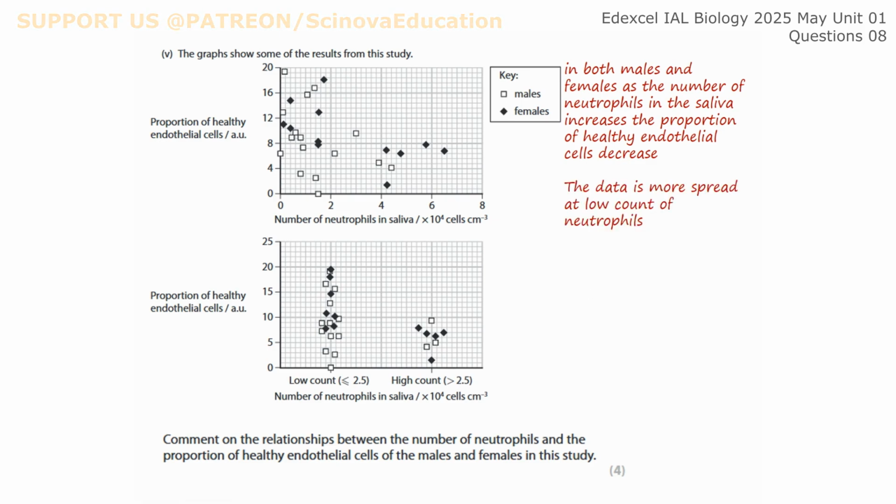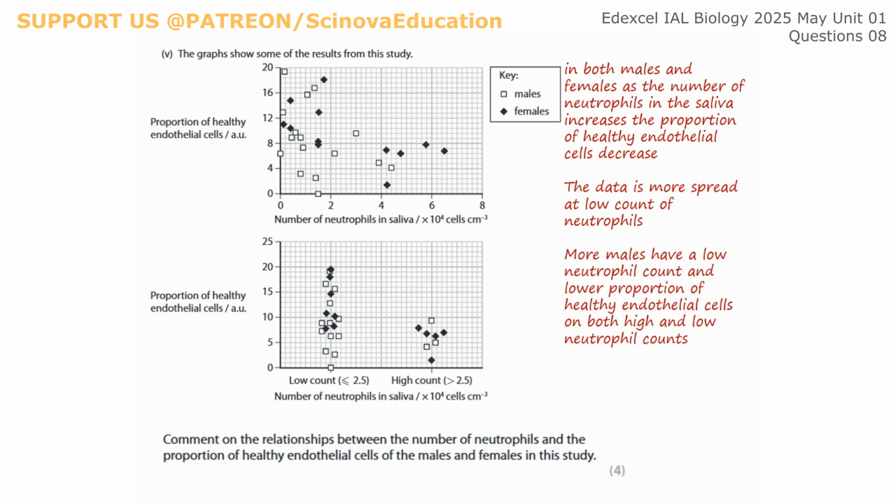And at low count of neutrophils, we can see the proportion of healthy endothelial cells value is more spread. And if you see the males, which are shown in these transparent box shapes, we can see the results of males are more spread than females.